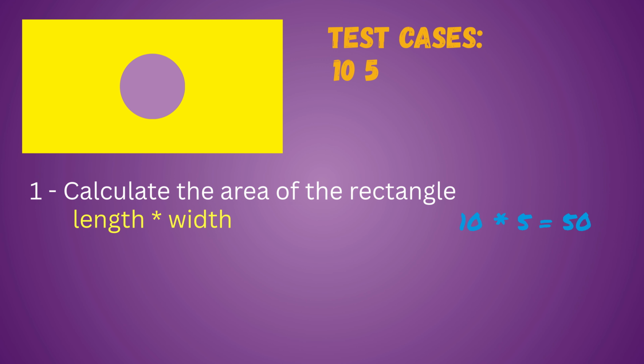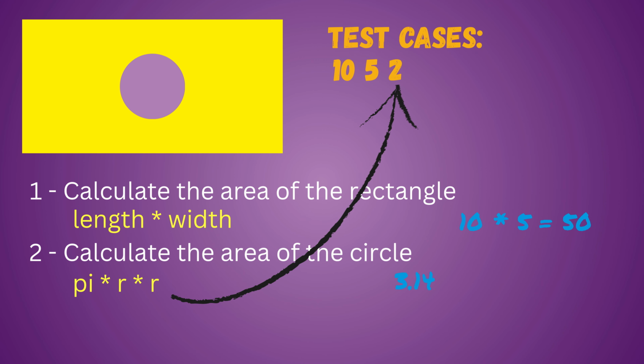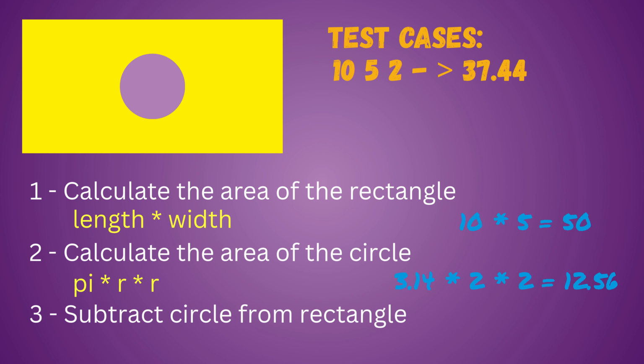Once I've calculated that area, I'll need the area of the hole in the center. So again, I can go look that up if I need to, but I happen to know that I'll need the radius for that because the formula is pi r squared. Now, once I have the area of the rectangle and I have the area of the circle, I can subtract the area of the circle from the area of the rectangle and I'll have my final answer.